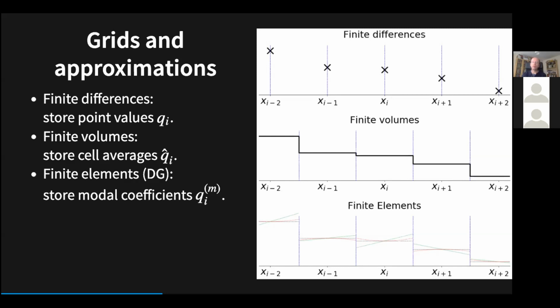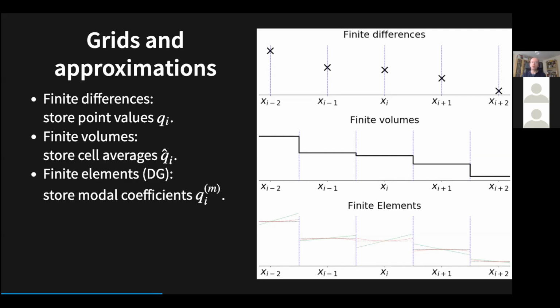The final approach is linked to finite elements. It's still reminiscent in some ways of the finite volume approximation because it's splitting the domain into separate cells. But instead of storing the average values of the solution within a cell, it typically stores the moments of the solution with respect to some function basis.